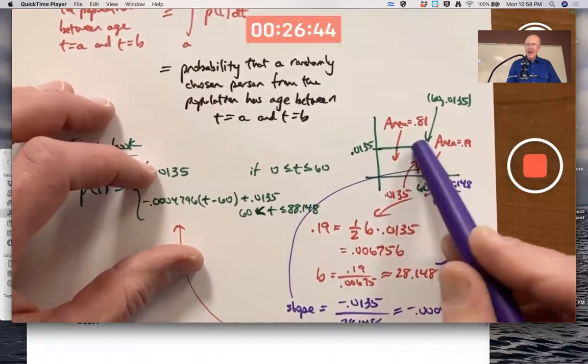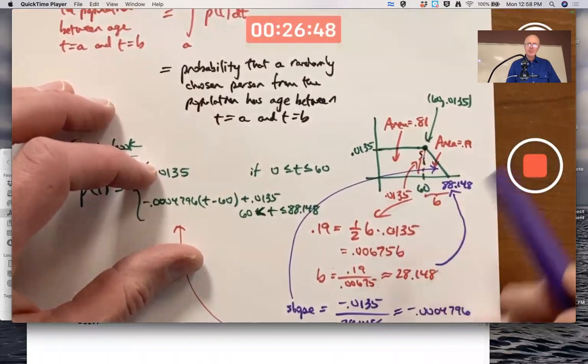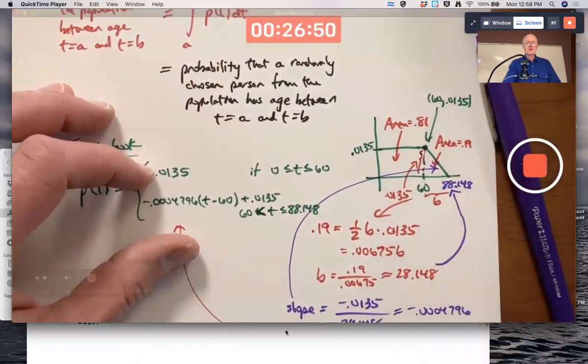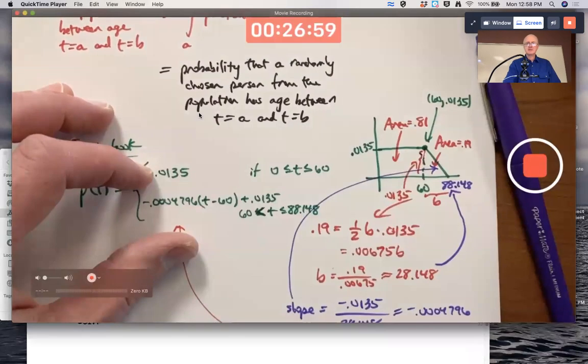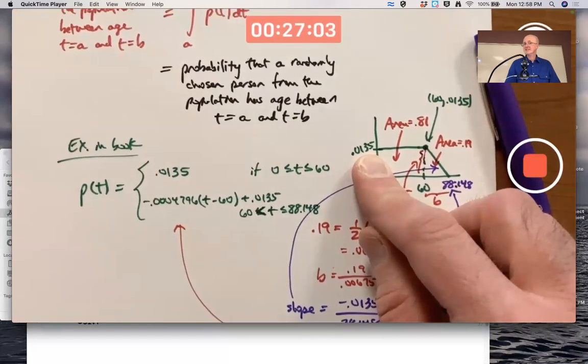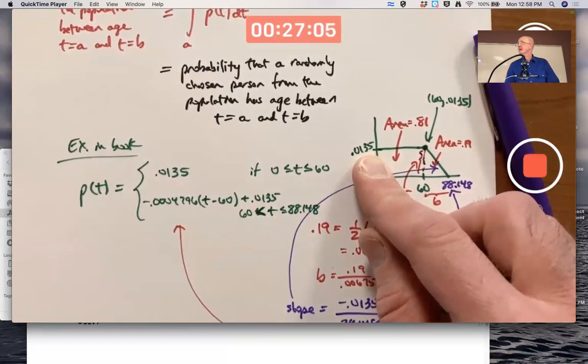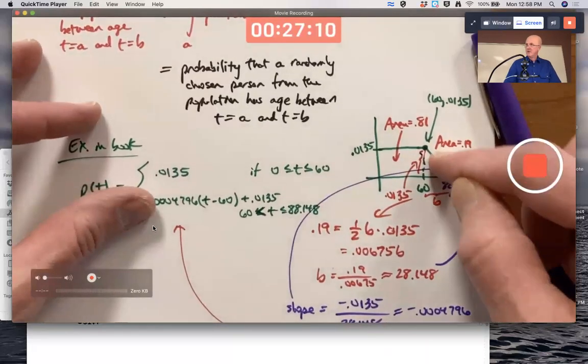You'd have to add up the area of a rectangle and the area of a trapezoid, actually. This is close to 12 years of age. 12 times 0.0135 is going to be in the ballpark of 15, 16, something. Maybe a little less because we're now also in this range where the graph is going down.